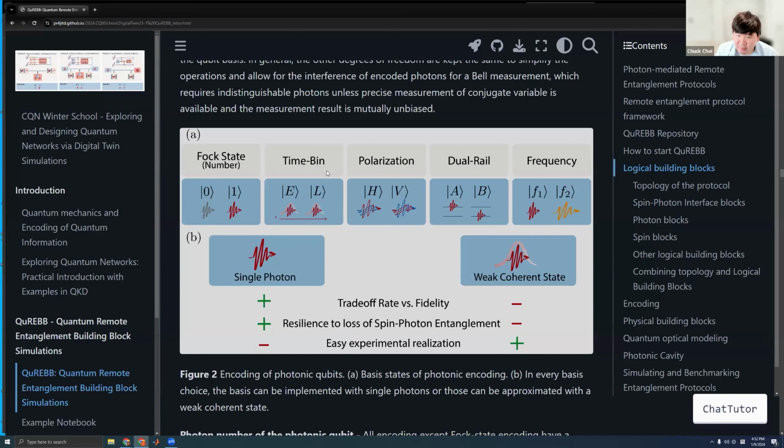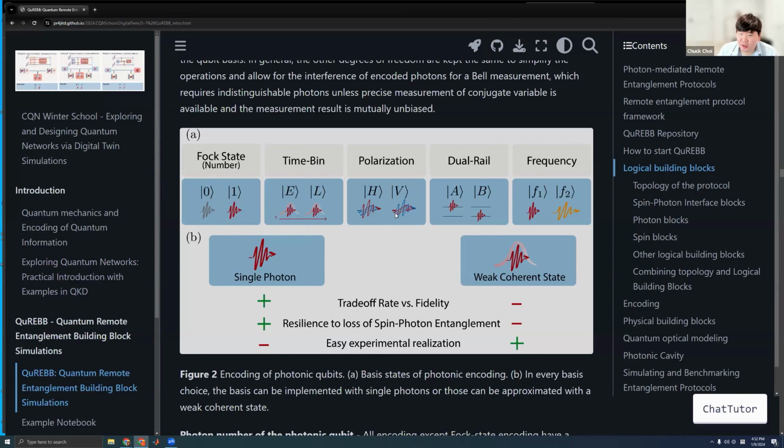Or we can choose the time bin basis. If the photon is in the early time bin, say it arrives at 0 seconds, then it's a 0 state. And if the photon arrives late, say at 1 second, then it's a 1 state. We can make the qubit implementation in different time bin bases.